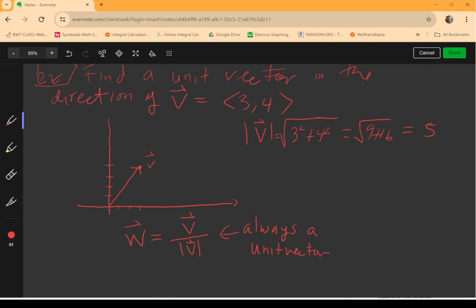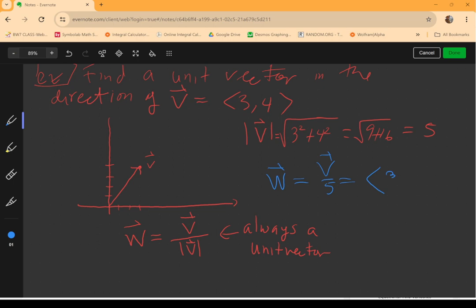Remember, the magnitude of V is just some scalar, the number 5. So we can define the unit vector W in the direction of V as V divided by 5. Again, it's a scalar, so we're dividing each component by 5.